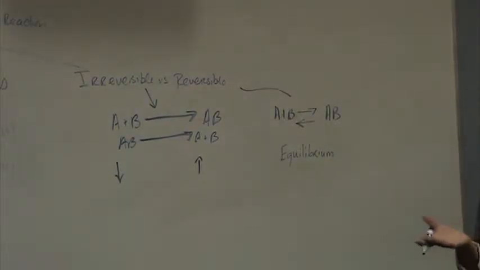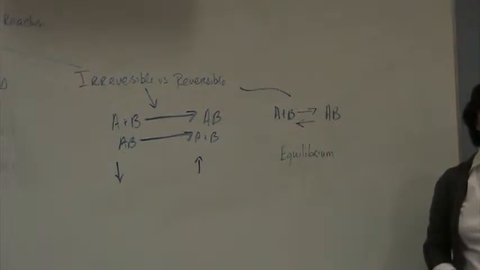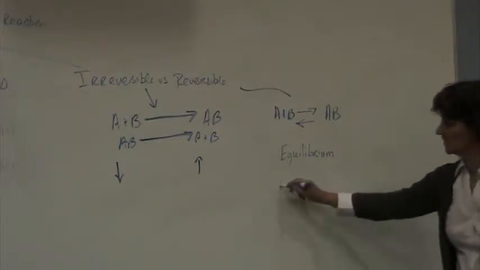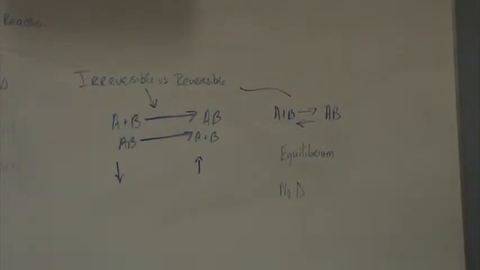What's that mean? As much AB is becoming A plus B as A plus B is becoming AB. So over time, what happens to the amount of our substrates and products? No change, unless you disturb the equilibrium, right?